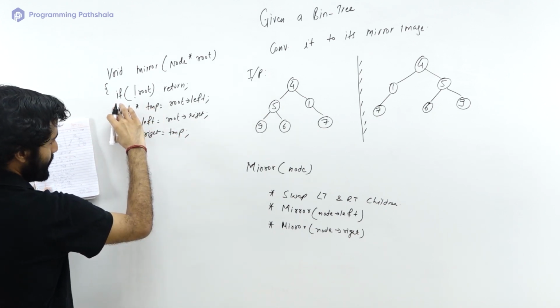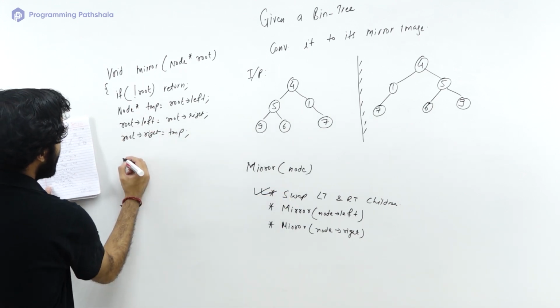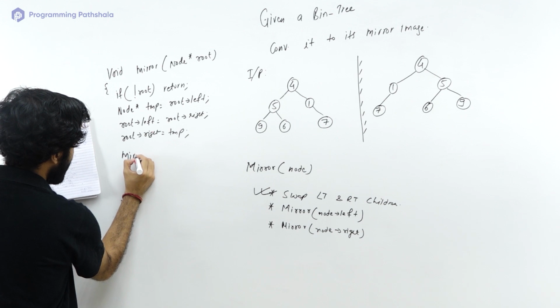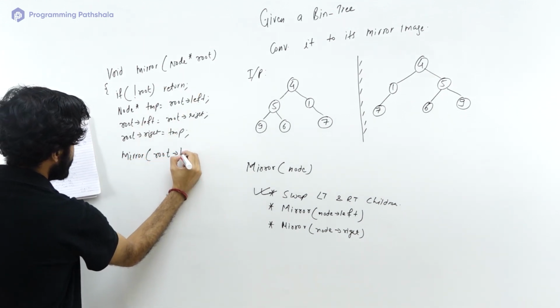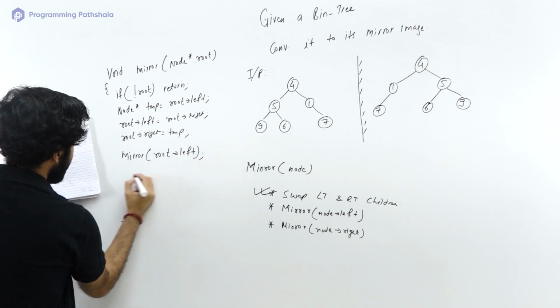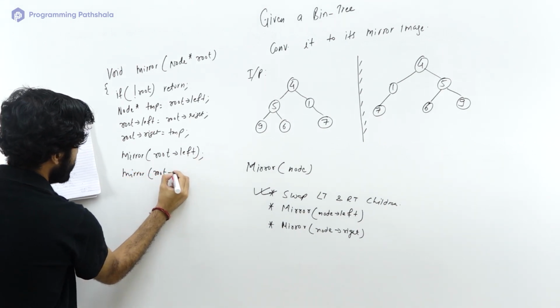So this part is done, swapping is done. Now I just need to make a recursive call over my left subtree, which is rooted at root left, and then I can call for my right subtree.